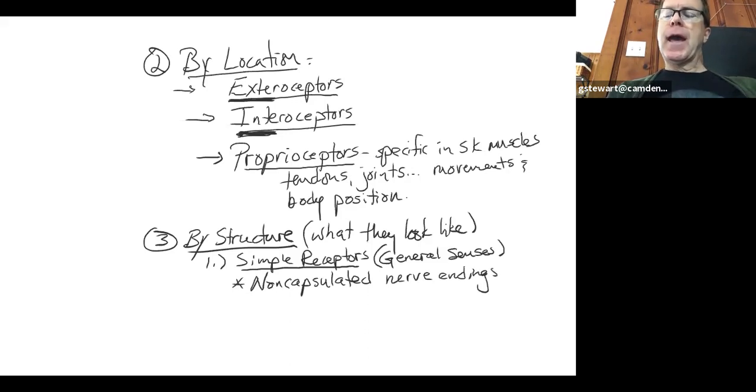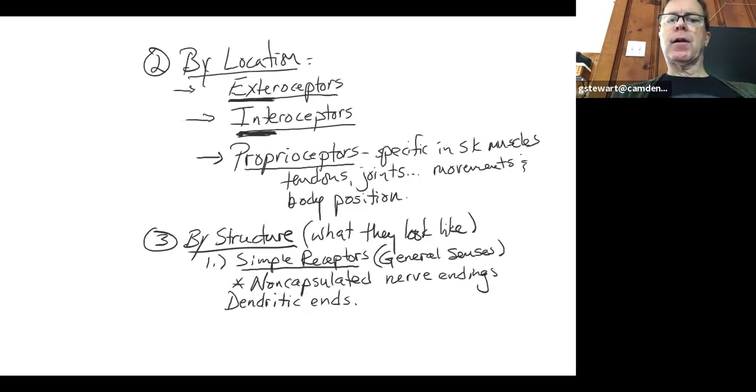And they typically have, we call them free nerve endings. They have little knob swellings on the end of them. These tend to be just dendrites. I'm just going to write dendritic and uncovered, non-capsulated dendritic ends is what they are. They're simple receptors. They have a little tiny knob on them.